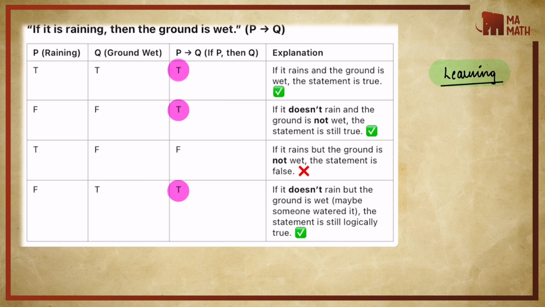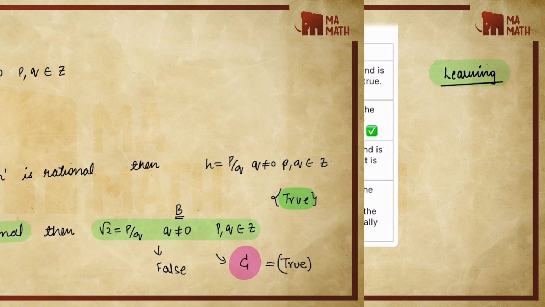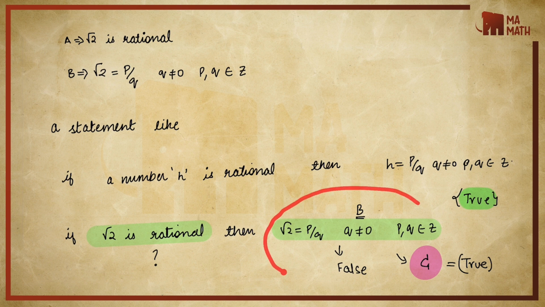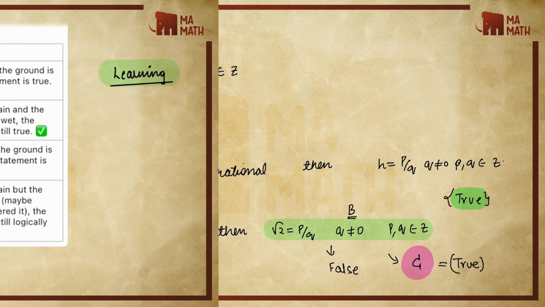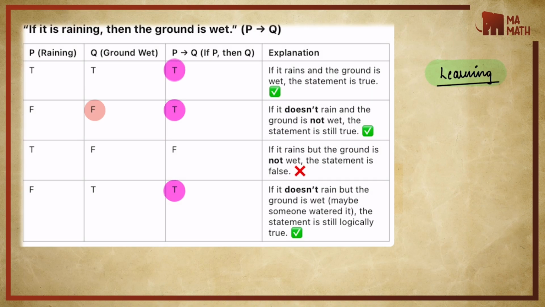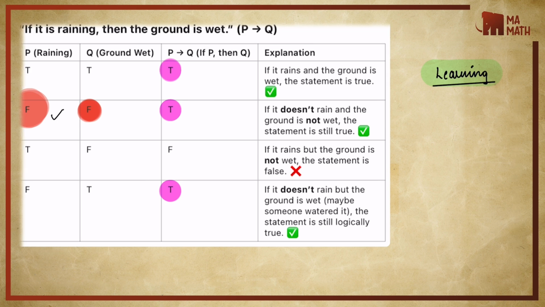Now in this, we figured out that root 2 cannot be expressed as p by q, as shown here. So our conclusion is actually false. So what happens when we have the conclusion false? We are seeing that if the conclusion is false, there is only one scenario like this, and then our assumption must be false. That's the only possibility.